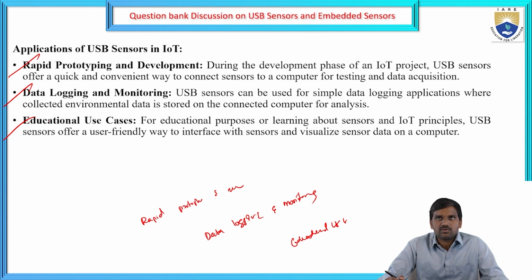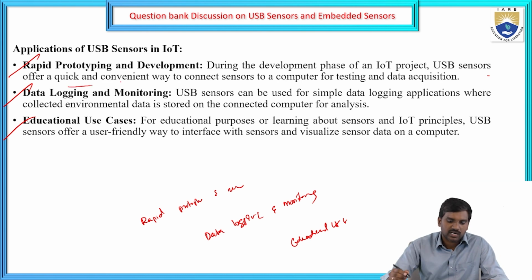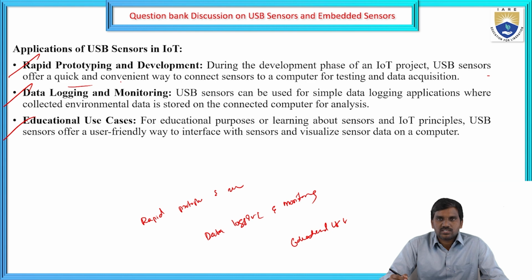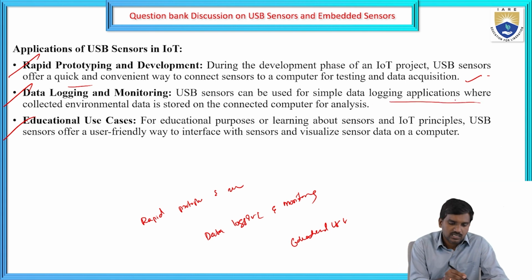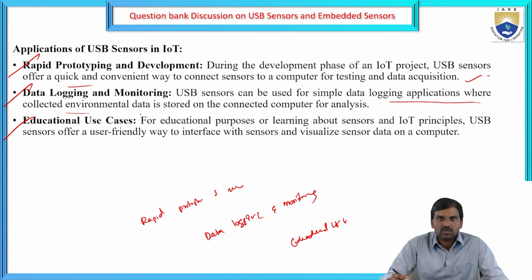Rapid prototyping and development: during the development phase of an IoT project, USB sensors offer a quick and convenient way to connect the sensor to a computer for testing and data acquisition. In terms of logging and monitoring, USB sensors can be used for simple data logging applications where collected environmental data is stored on the connected computer for analysis.